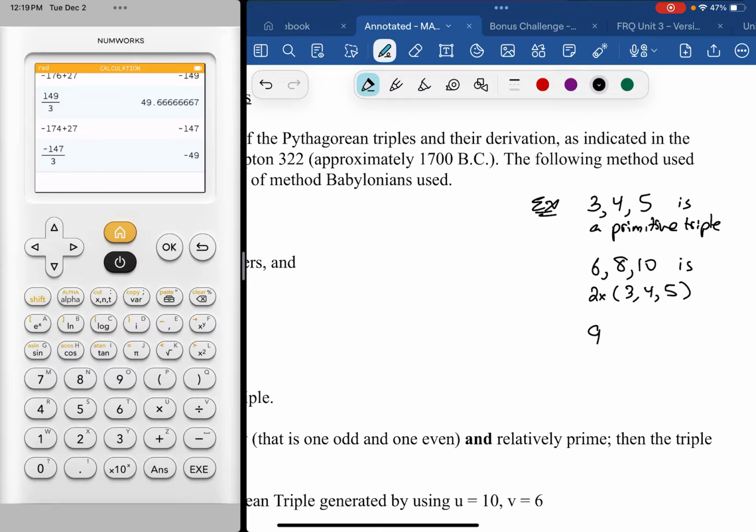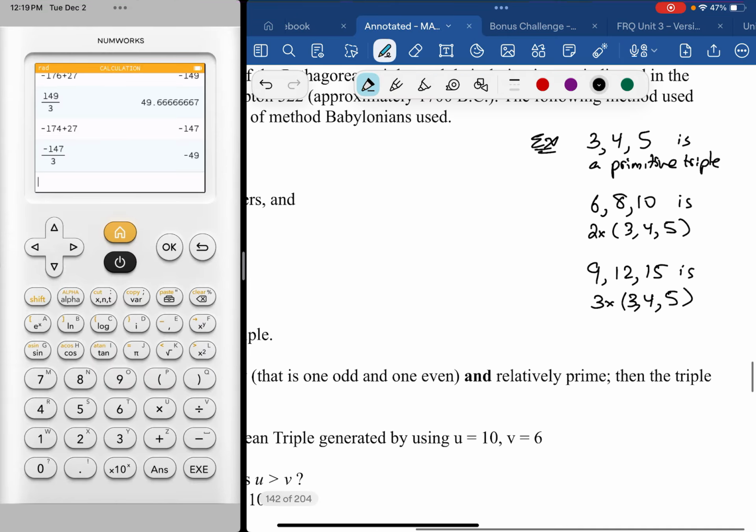Let's say 9, 12, 15 is 3 times 3, 4, 5. So I could have 3n, 4n, 5n, which would be n times the values 3, 4, 5.